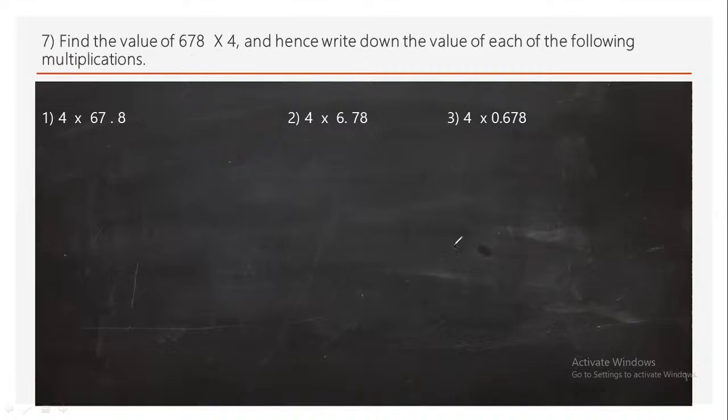But no, we have to multiply 678 by 4 and see. 4 times 8, 32, 3 remaining. 4 times 7, 28. 28 and this 3, 31. 3 remaining. Then 4 times 6, 24. 24 and 3, 27. 2,712.